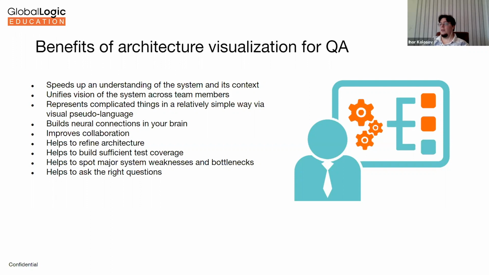Usually architecture is developed as a general concept starting the project, but it can be adjusted. It can be slight adjustment or maybe major adjustment during development life cycle, but it probably will change a little bit, especially if you are following agile approach during development, right? So nice thing to add here will be help with sufficient test coverage.